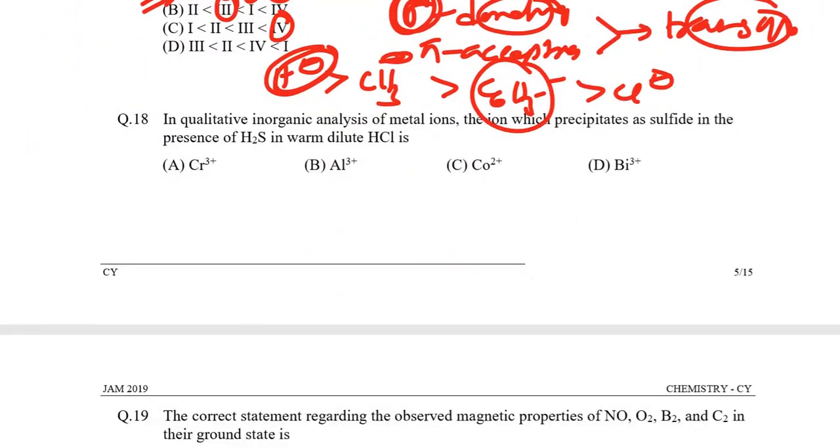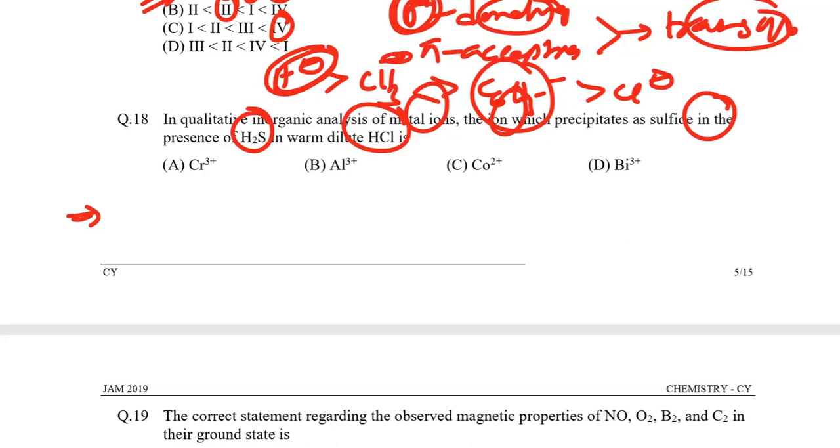In qualitative inorganic analysis of metal ions, the ion which precipitates as sulfide in the presence of H2S in warm dilute HCl is. Here you need to look at some important information about metal ions, which are going to dissolve, and how we can separate them in a qualitative way.